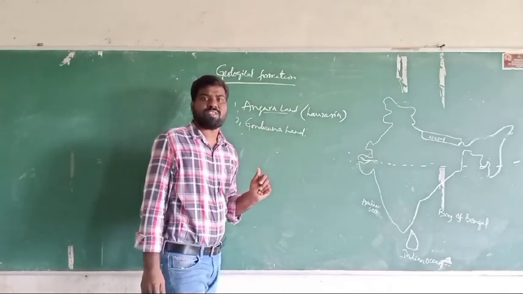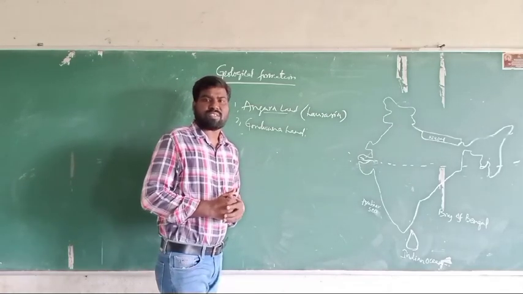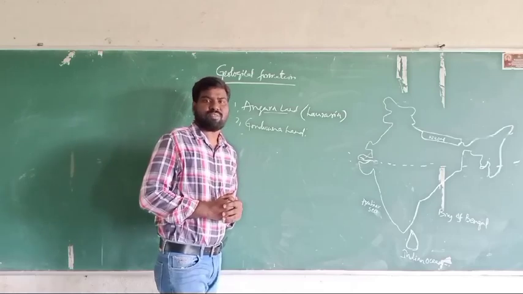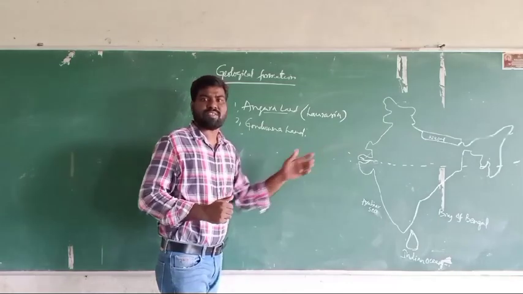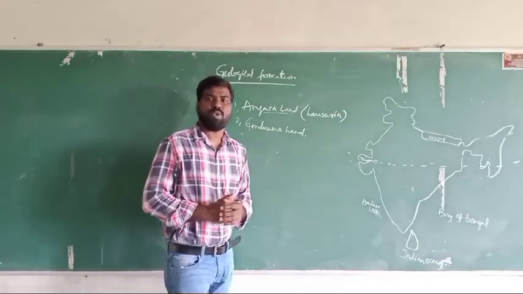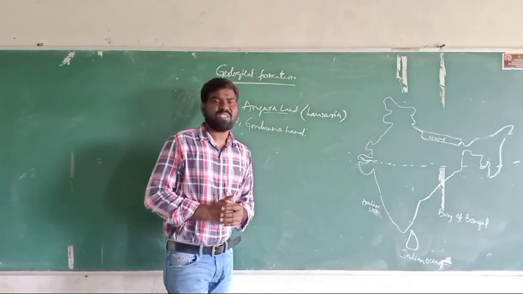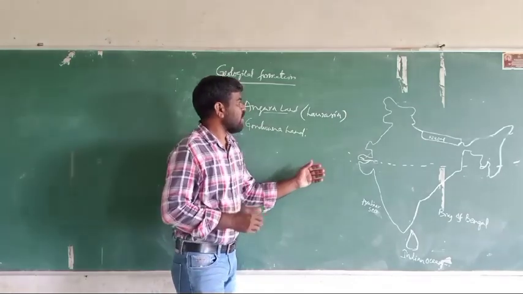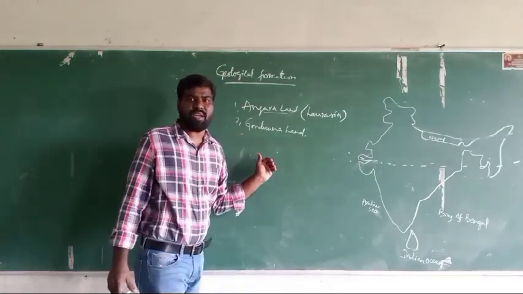Owing to this collision, immense compressional force over the next few million years caused mountains to evolve through a folding process, which resulted in the formation of the present Himalayas.